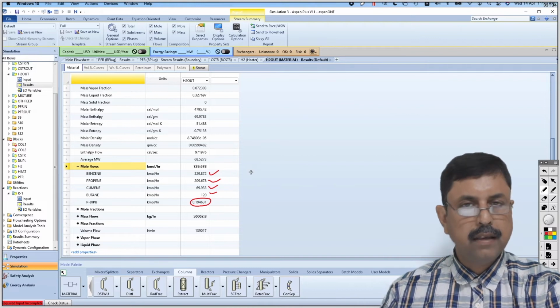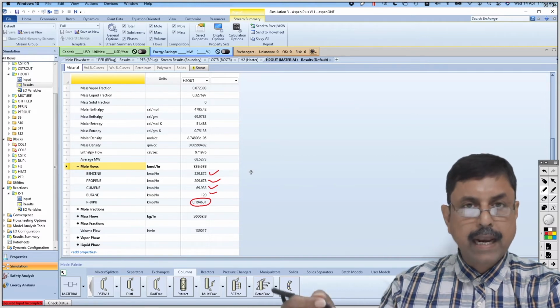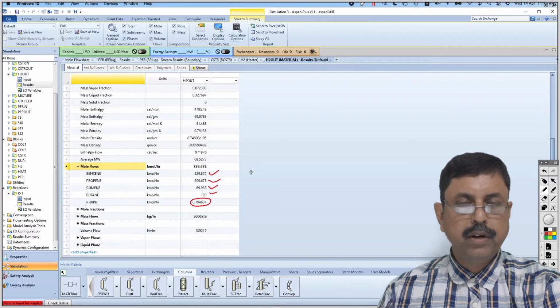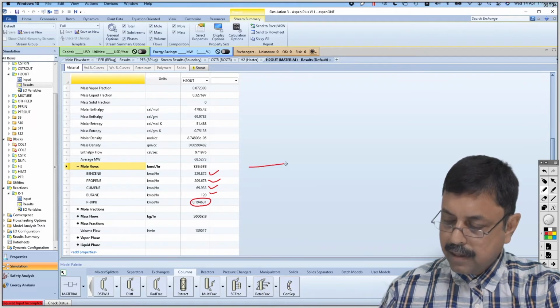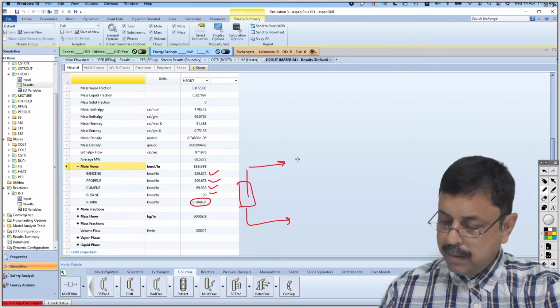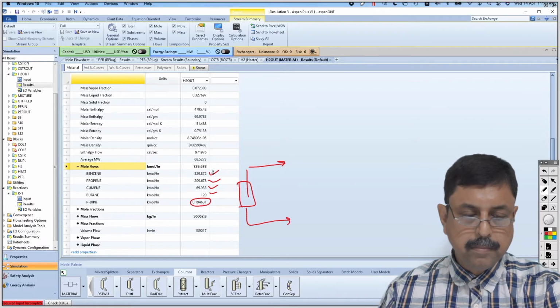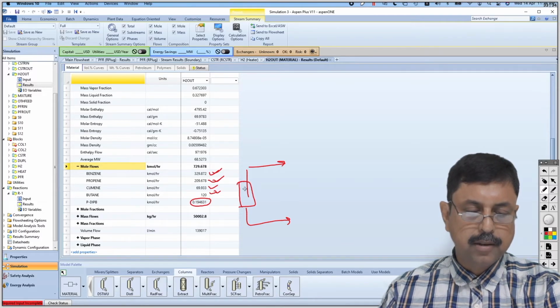Now here, even without distillation, if you analyze the vapor-liquid equilibrium of these components, you can very well understand that the top product of the distillation column will mainly have benzene, propylene, and butane.